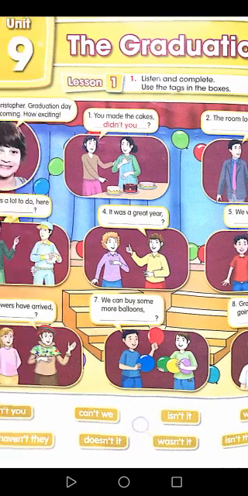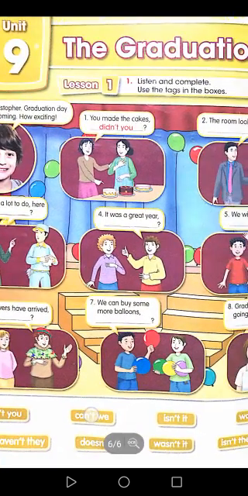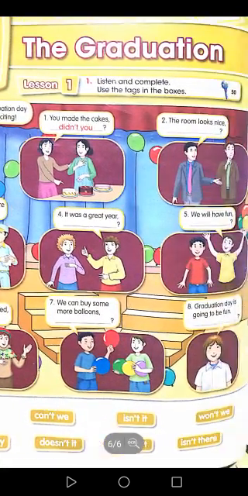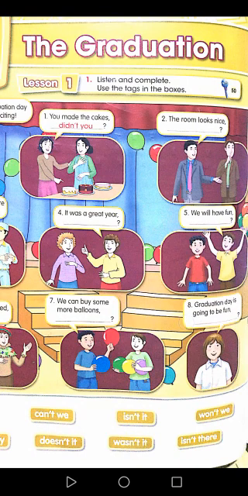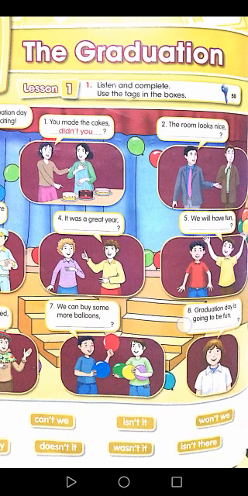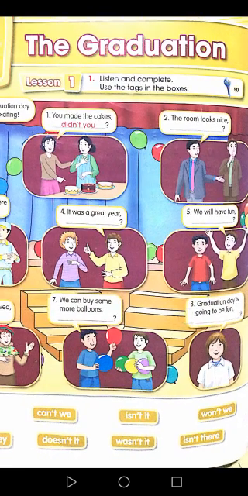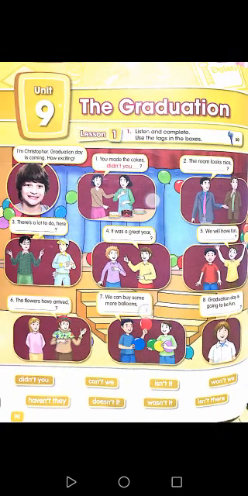Where is can't we here, guys? Excellent. Number 8, graduation day is going to be fun, isn't it? Where is isn't it? Here. Excellent. We will choose this box.